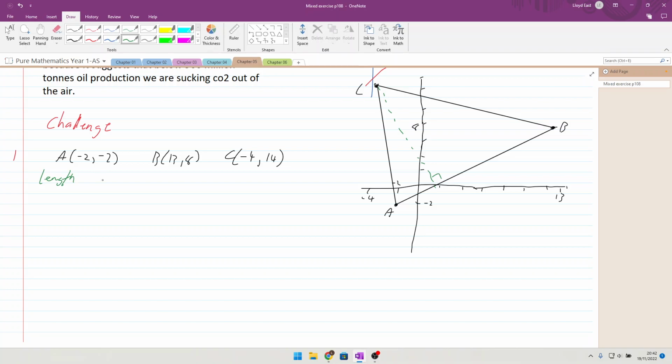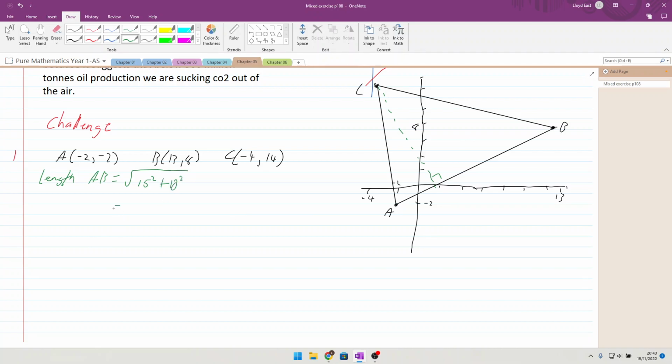So the length of AB: it goes from -2 to 13, so that's 15, 15 squared, and goes from -2 to 8, so that's 10, plus 10 squared.